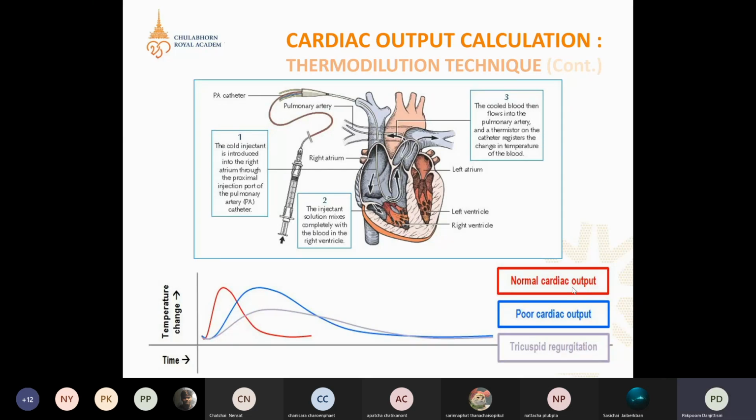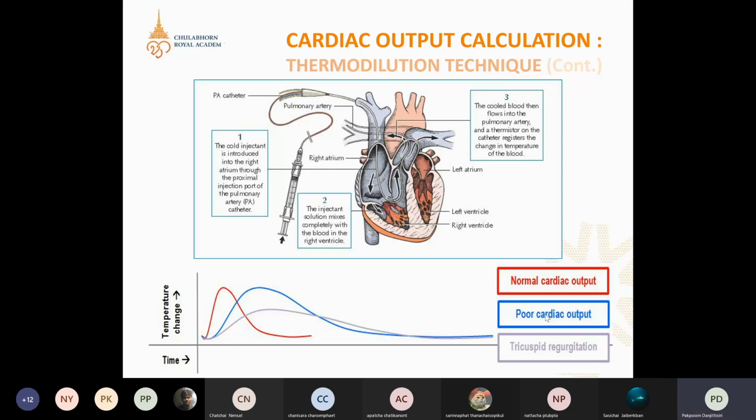The disadvantage of the thermal dilution technique is that the doctor cannot do this technique in a patient who has tricuspid regurgitation, or a patient who has poor cardiac output, I mean the LV function is not good.